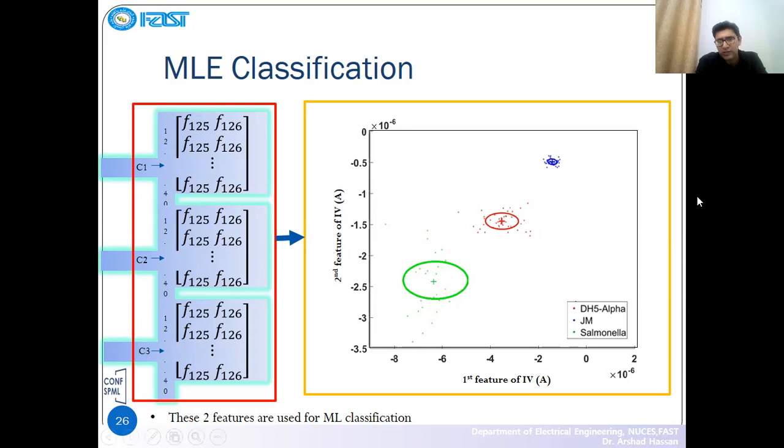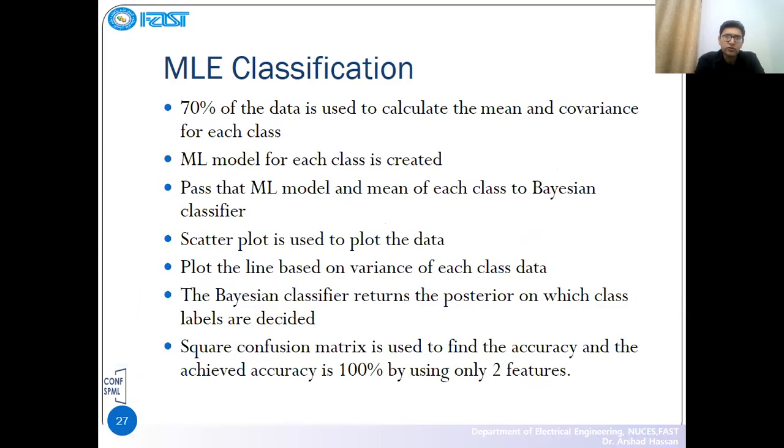So here on the right side, you can see we have three distinguished classes. One is the GM109, and DH5 alpha, and the Salmonella. On the x-axis, we have one feature, and on the y-axis, we have another feature. So 70% of the data is used to calculate the mean and covariance for each class.